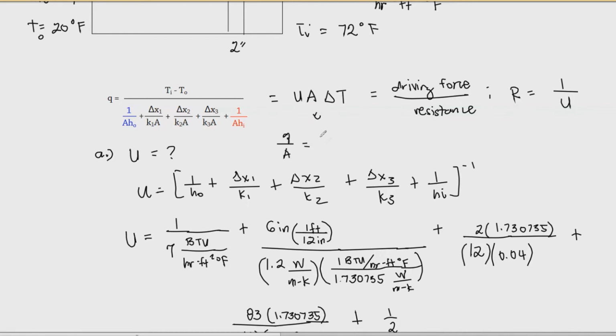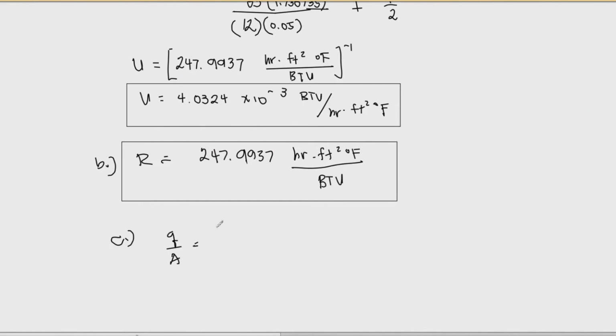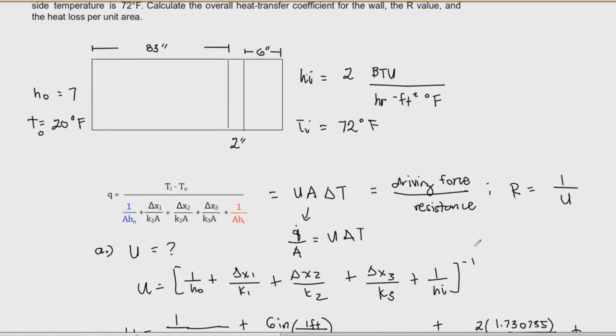So Q over A would be equal to U times delta T. Q over A is equal to U times delta T, and that is equal to 4.0324 times 10 to the negative 3 British thermal unit per hour, feet squared, degrees Fahrenheit, and then you multiply this with the temperature difference, that is the inside and outside temperature.